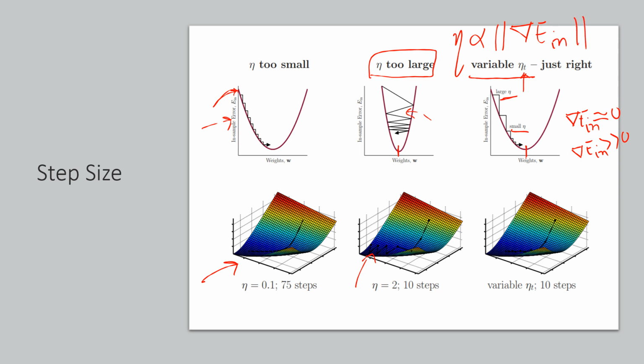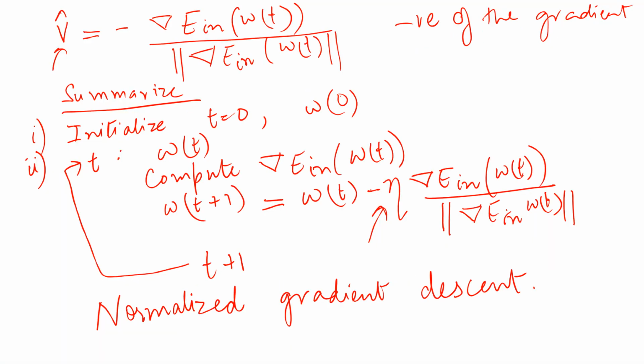So if we go back to our update rule in gradient descent, instead of eta, we come up with eta times the norm. What will happen is that this term will go away, because this is proportional to this norm.